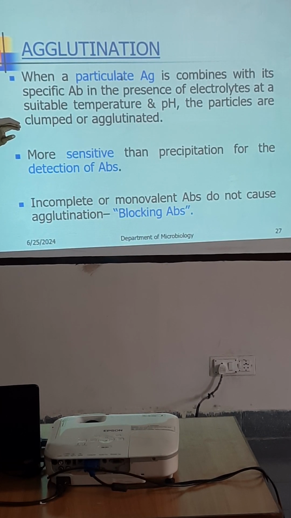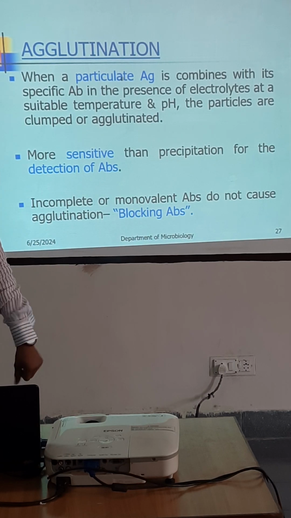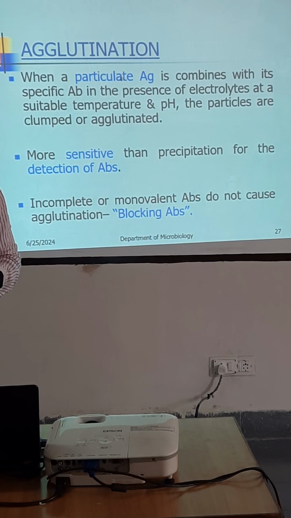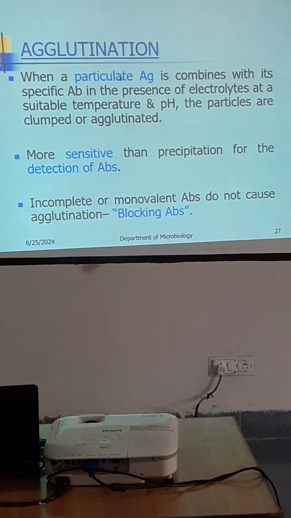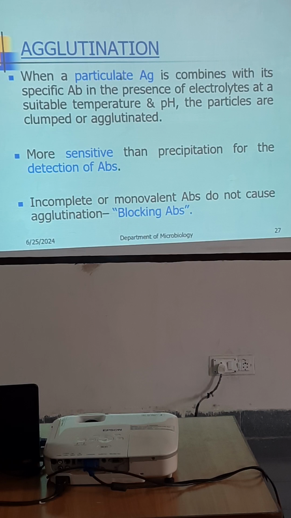In the previous reaction the antigen and antibody form a precipitate; here they form clumps, or agglutinate, and therefore the antibodies are called agglutinins. It is more sensitive than the precipitation test for detecting antibodies. There are certain incomplete antibodies, which are monovalent antibodies, and they usually do not take part in these reactions. They are also known as blocking antibodies.